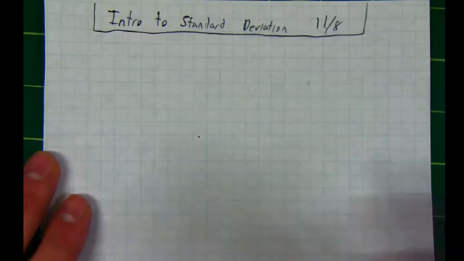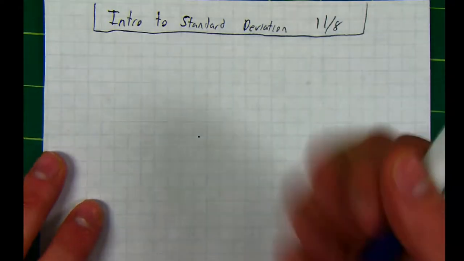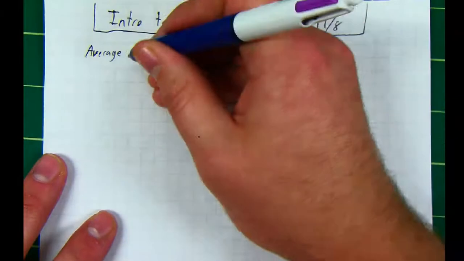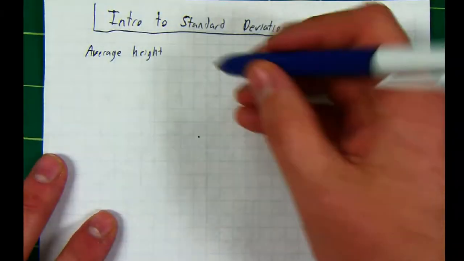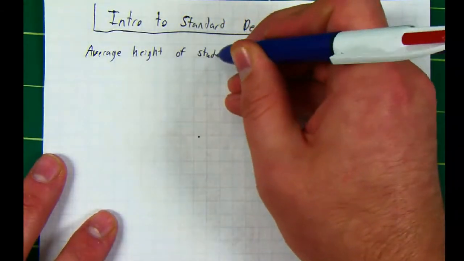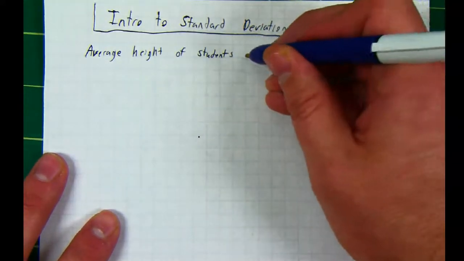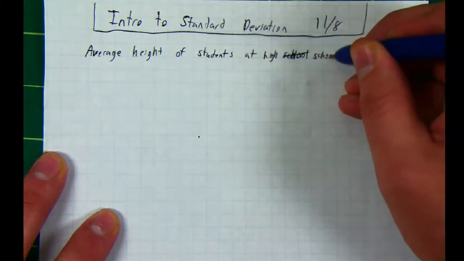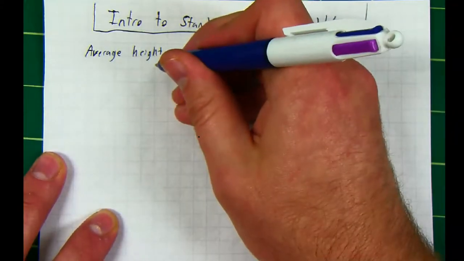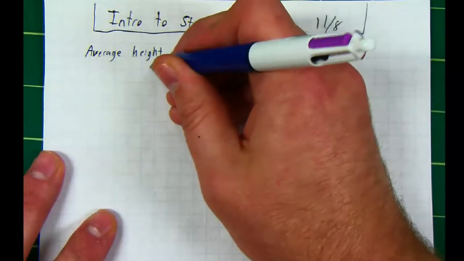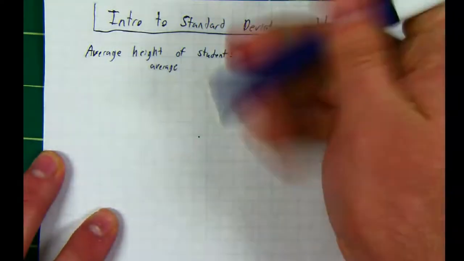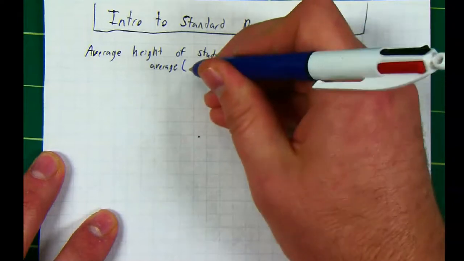Intro to standard deviation. Let's start by saying I took the average height of students at the high school. Now, let's say this average, and by the way, guys, the Greek letter mu, I'm going to put that in parentheses.